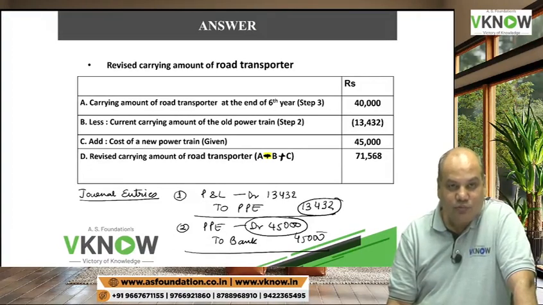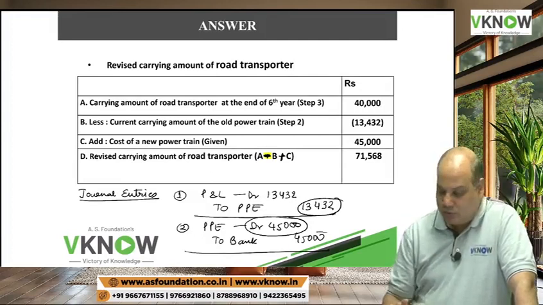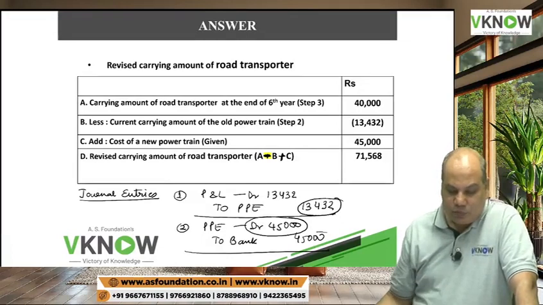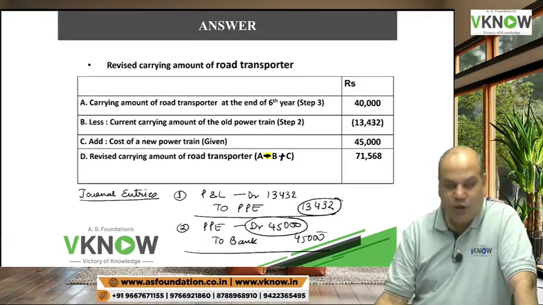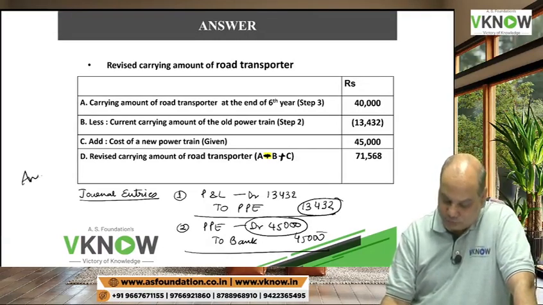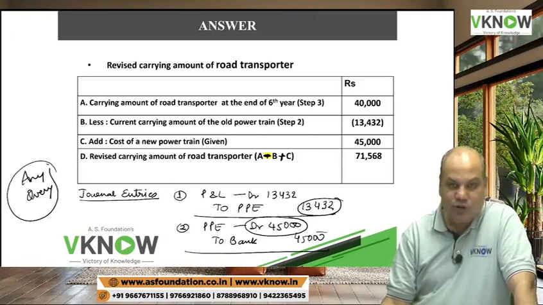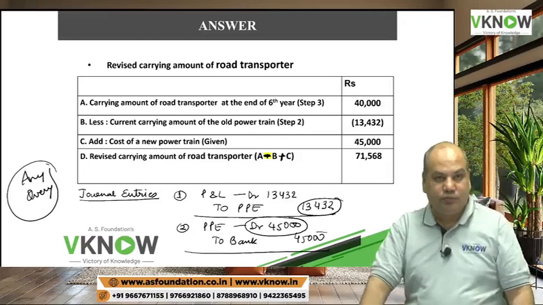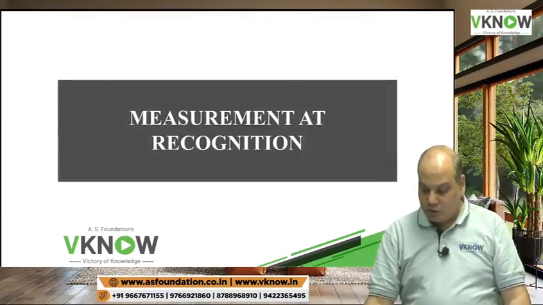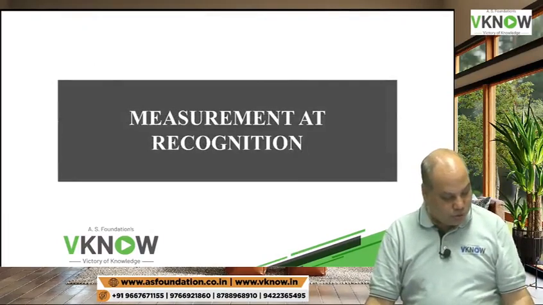This is new: how to account for a replaced part in PPE. I have explained with an example. Any query on this? I am dictating some important questions like this one. Now come back to your notes.